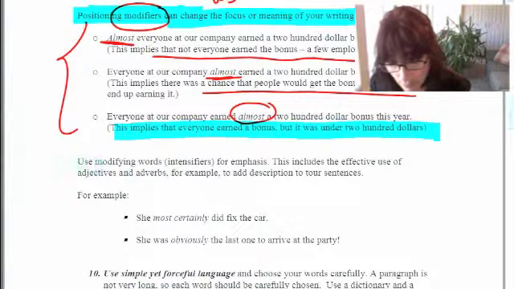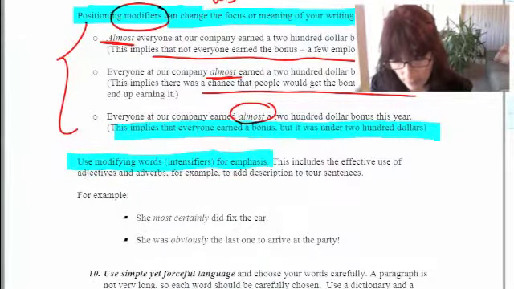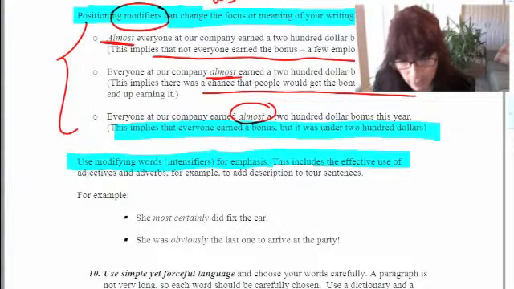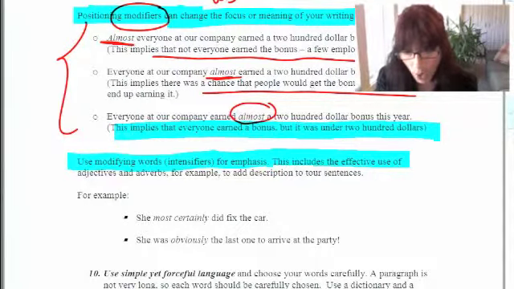So, using modifying words called intensifiers for emphasis is very effective. You want to try to use these intensifiers, and here are some examples. So you will make your sentences more effective by using words such as most certainly, obviously.